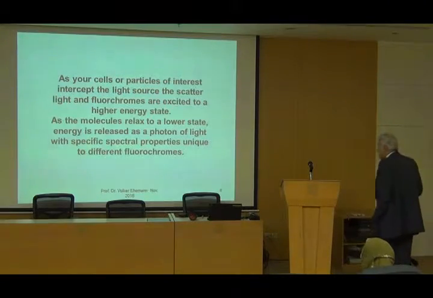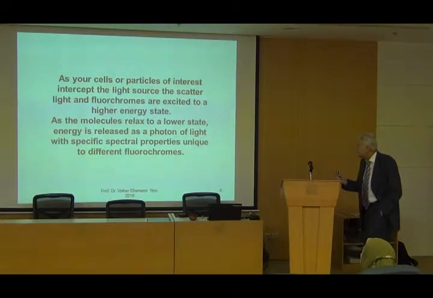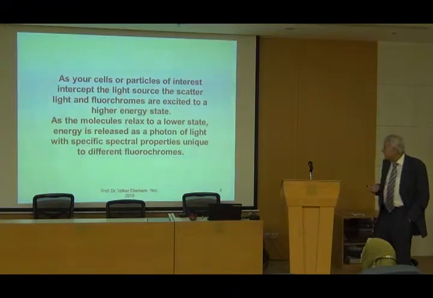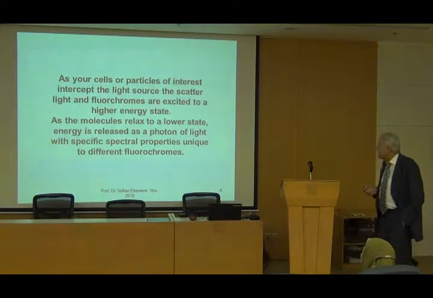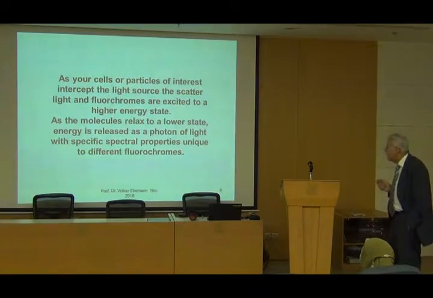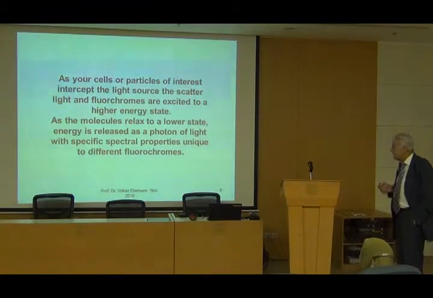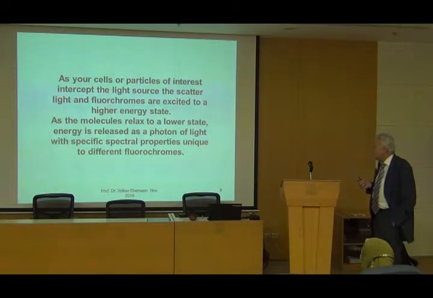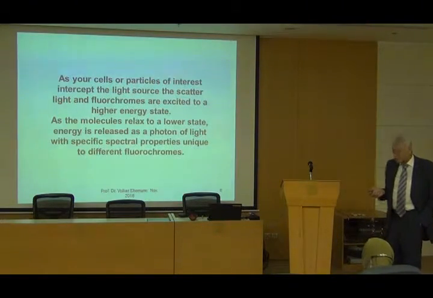As your cells or particles of interest intersect the light source, they scatter light and fluorochromes are excited to a higher energy state. As the molecules relax to a lower state, energy is released as a photon of light with specific spectral properties unique to different fluorochromes.